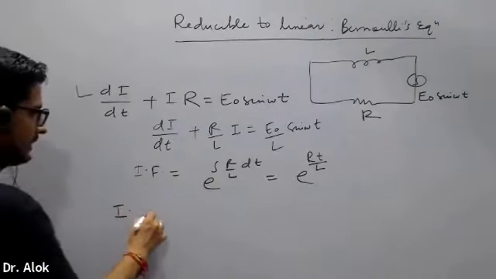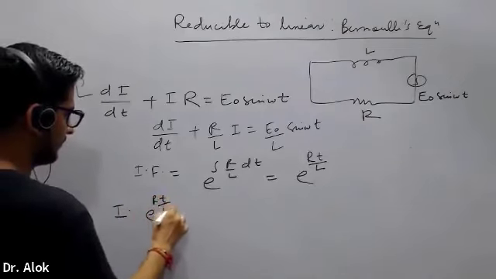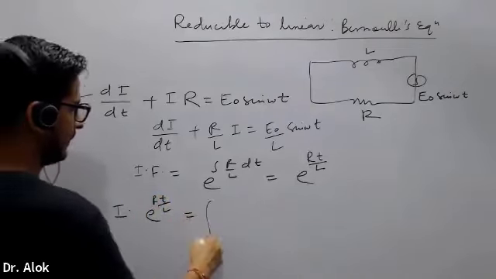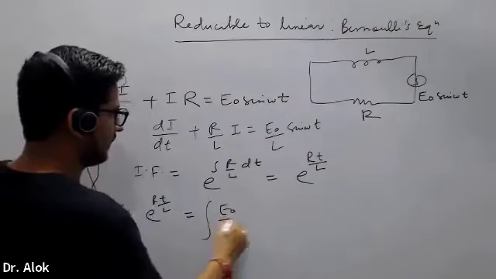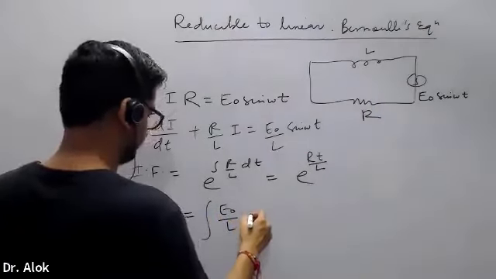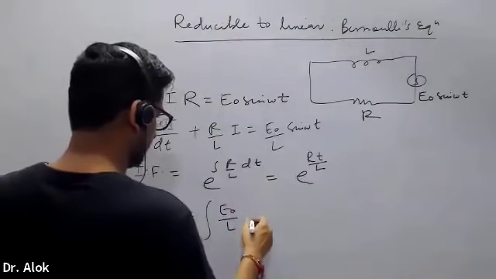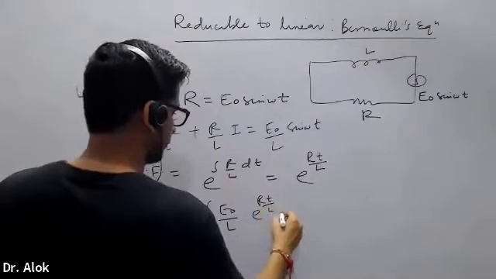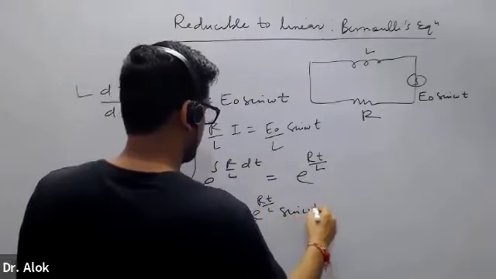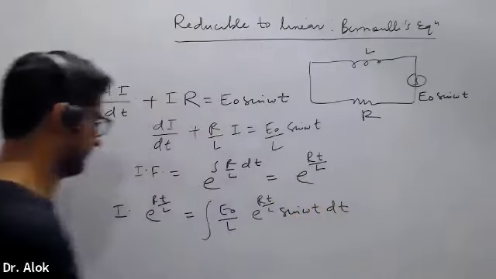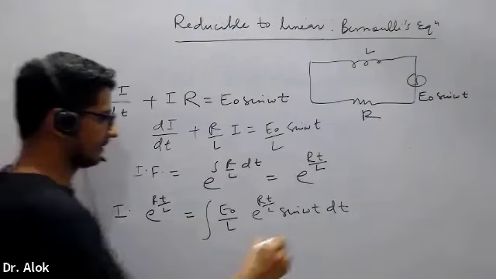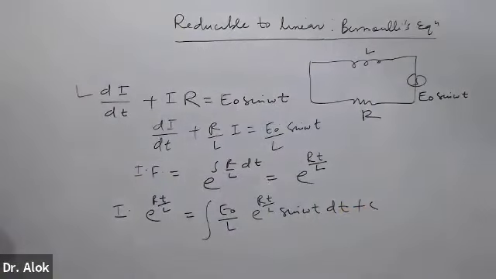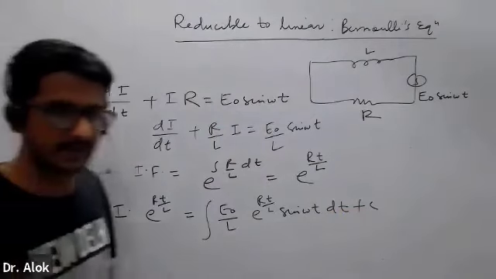I into integrating factor is equal to integral E naught by L, integrating factor into sine omega t dt, and plus a constant c. Correct? समझ आ रहा है ना सबको?